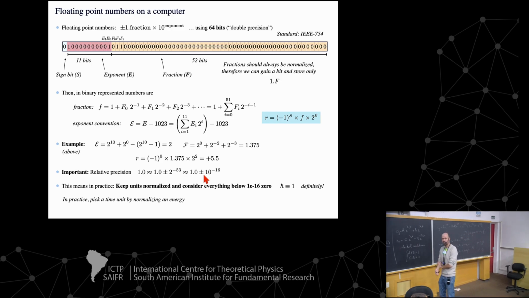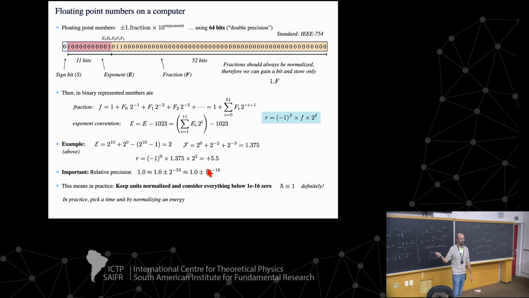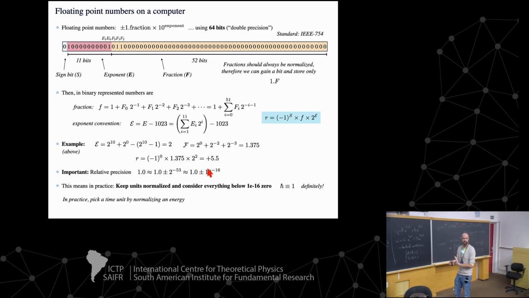If you use double precision, which uses these 64 bits, you always have a relative precision of 10 to the minus 16. So if you put something like h bar in there, you have a tiny number, you have to renormalize this, and you would get some very high imprecisions if you calculate with these small numbers. So it's much better to normalize the units, ideally setting one energy unit in your Hamiltonian to 1, and then do everything in these simple units.